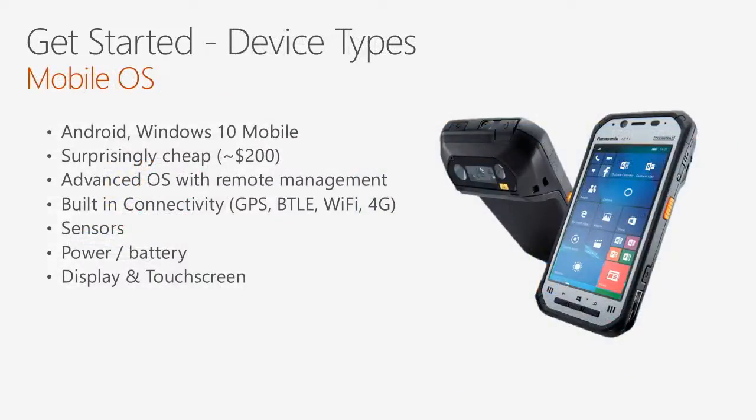And if you think about it, it has Wi-Fi, 3G, Bluetooth, GPS, accelerometer, a display, obviously, and also a touchscreen. And these are just sub-$100 devices. And it's actually great for you to do the prototyping if you want to deploy these.